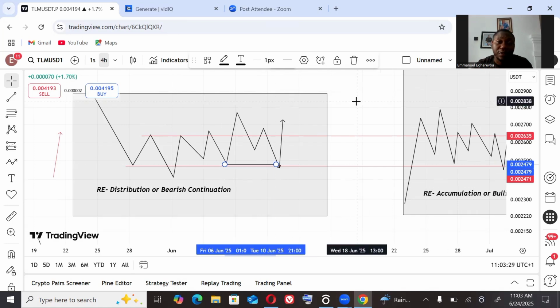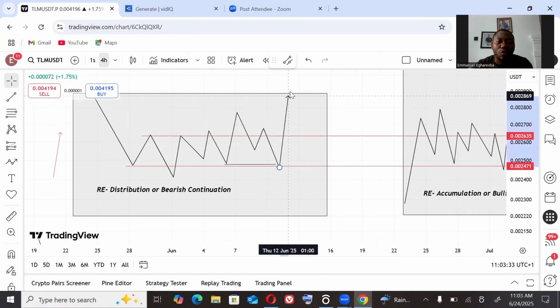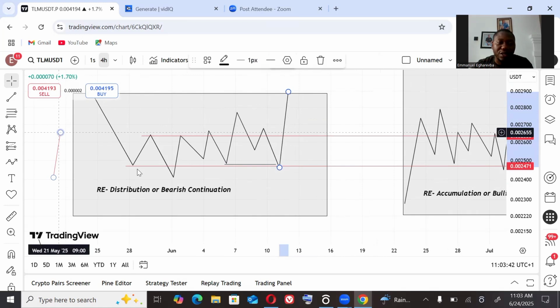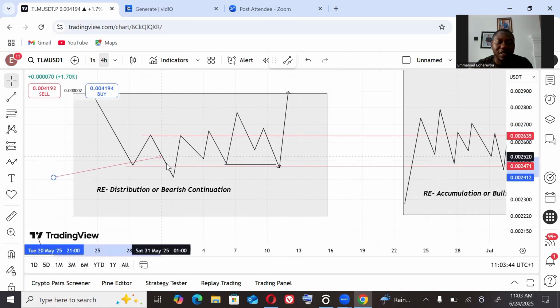Now, it's very simple. If we have a buyback here, then price begins to go up like this. So rule number one, plot your range. Ensure that you see a sign of weakness, which is this.